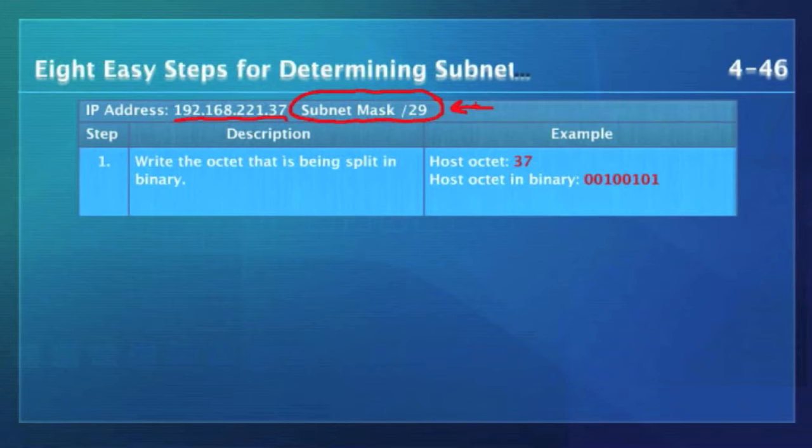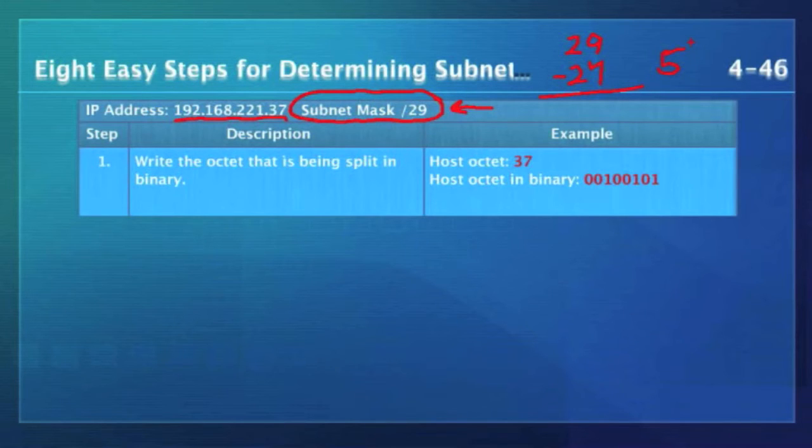Awesome work. That's because the default was 24 bits. So 24 from 29 tells us that we borrowed 5 bits. We went 5 bits deeper with our subnet mask.